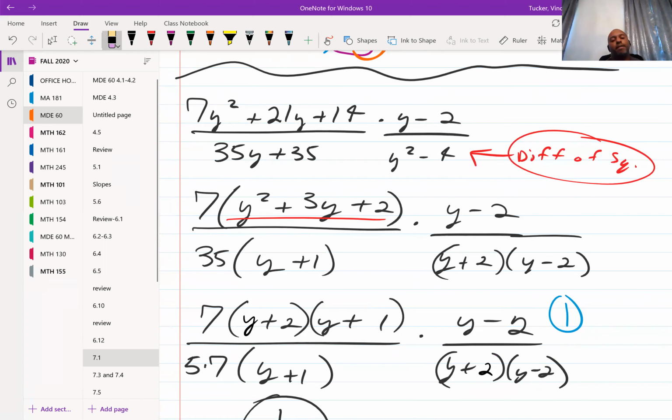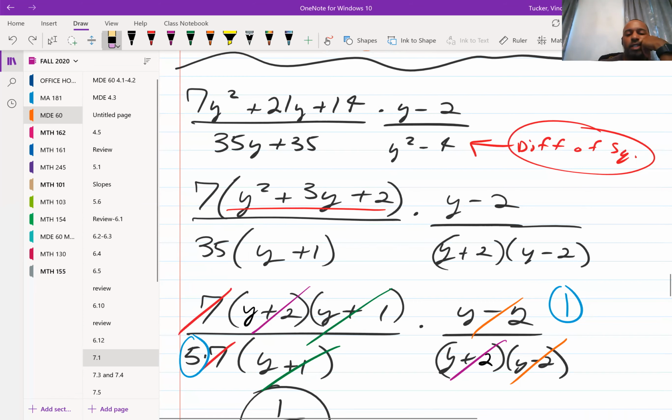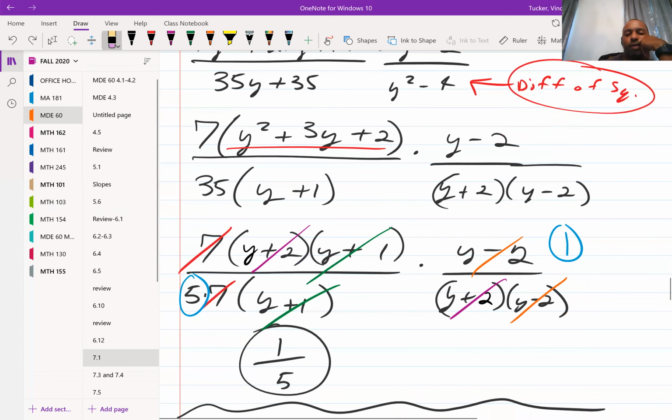We broke up that 35 into 5 times 7, so we can see clearly that the 7 will cancel out for us. And then cancel out what's in common. Y minus 2 cancels, y plus 1 cancels, y plus 2 cancels, 7 cancels as well. Everything in the numerator cancels, so that leaves us with 1. Only thing that's left in our denominator is 5, so that's 1 over 5.